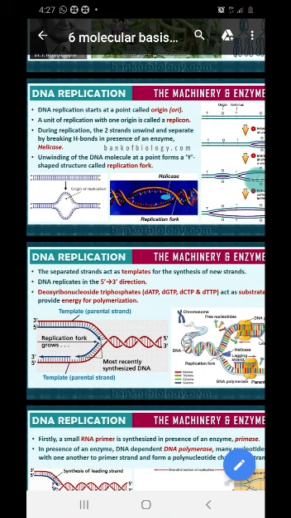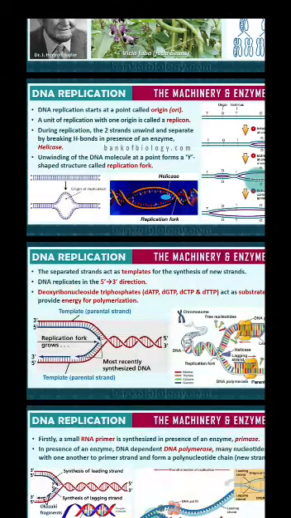These two enzymes I mentioned now are not in your textbook, but you should actually be knowing them, right? So the main enzyme needed for DNA replication is DNA polymerase. Never forget this enzyme, DNA polymerase.